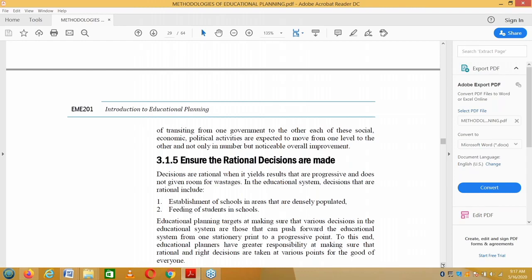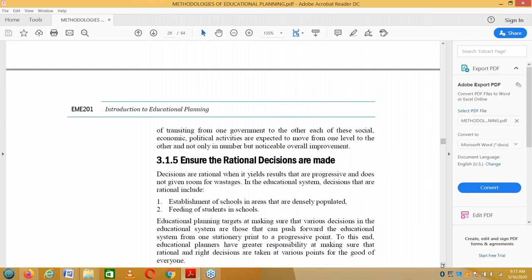As a result, pupils and students will be educated, and in the future they will contribute to the general growth of the economy and the general development of the society, because they will serve in one way or the other as manpower to different sectors.